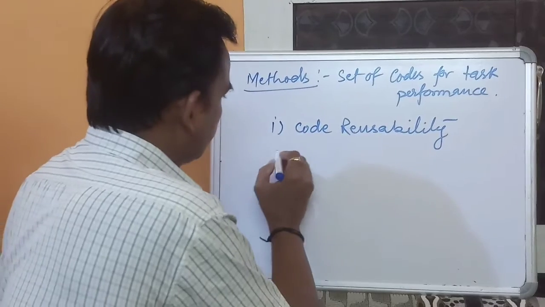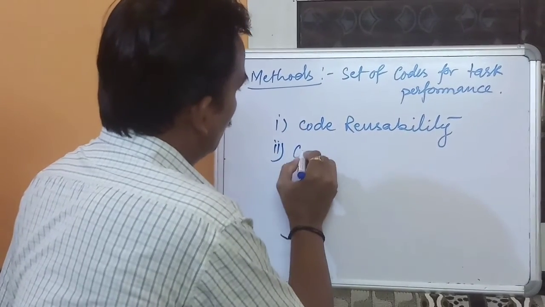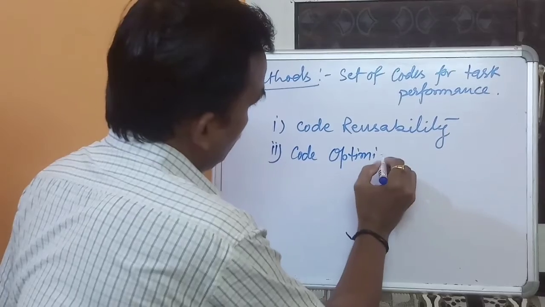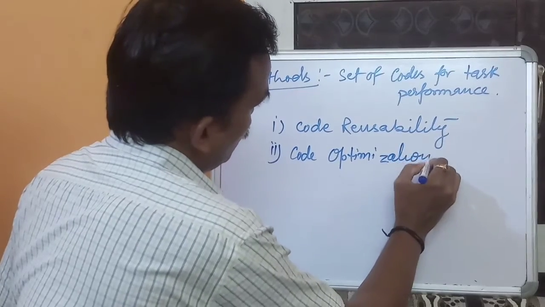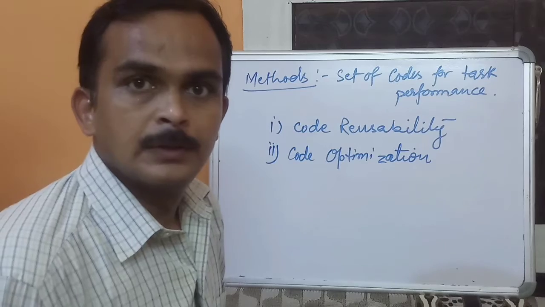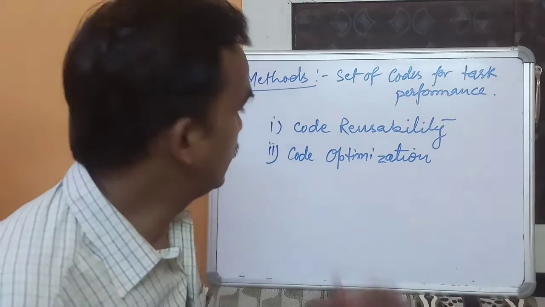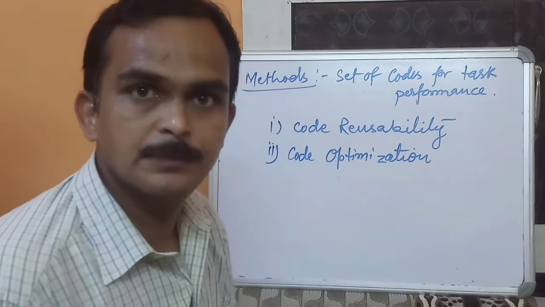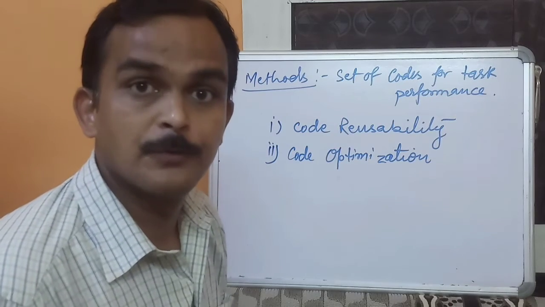Second is code optimization. In code optimization, basically it is an approach in which we enhance the performance of the program, the performance of the code.